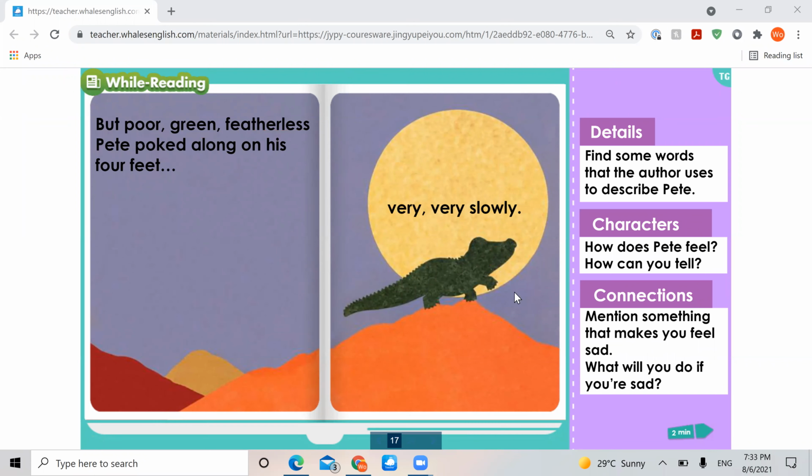Poor Pete. Why do you think he feels so sad? Have you ever felt sad before? Why did you feel sad? Well, I hope that never happens again.